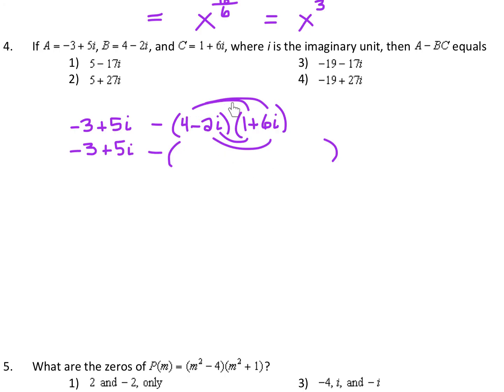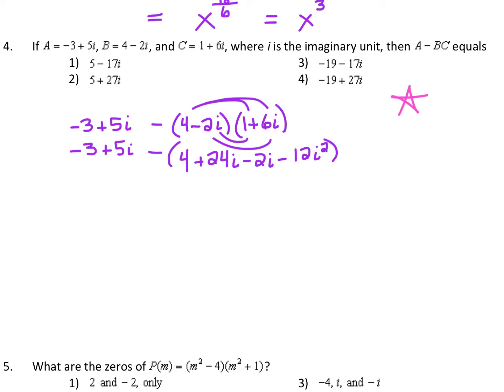Okay, so 4 times 1 is 4. 4 times 6i would be 24i. Negative 2i times 1 would be negative 2i. And then negative 2i times positive 6i would be negative 12i squared, right? Because i times i is i squared. Now, I just want to point something out. If you recall, this is super important.